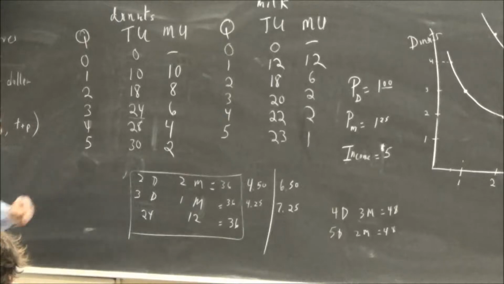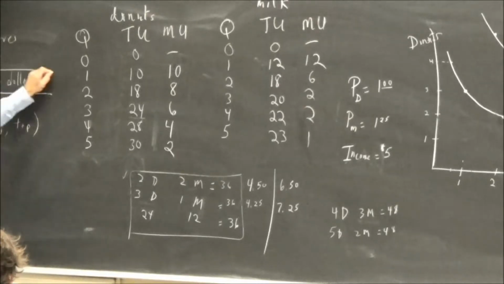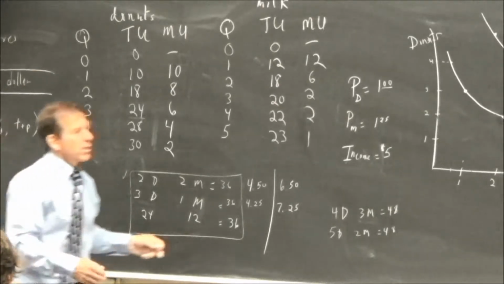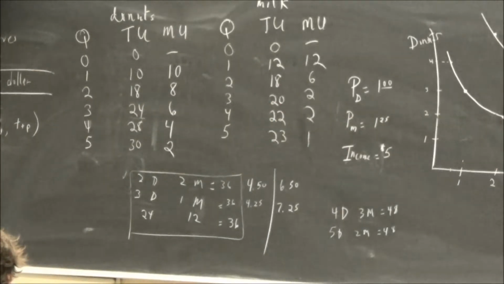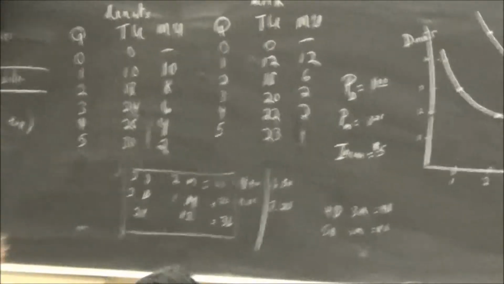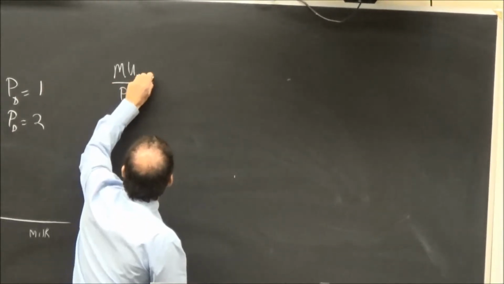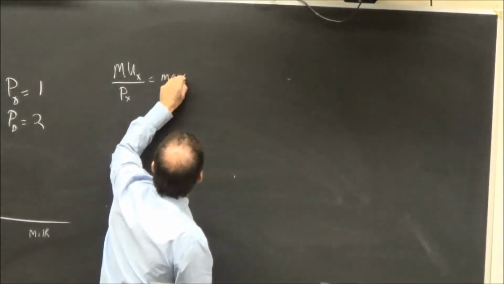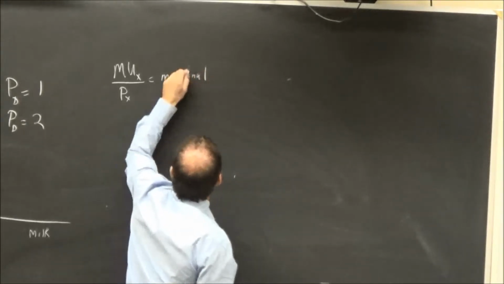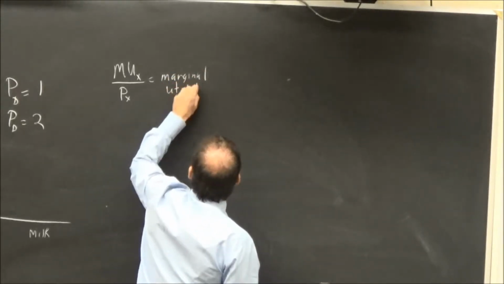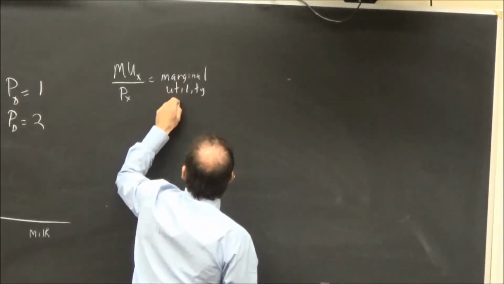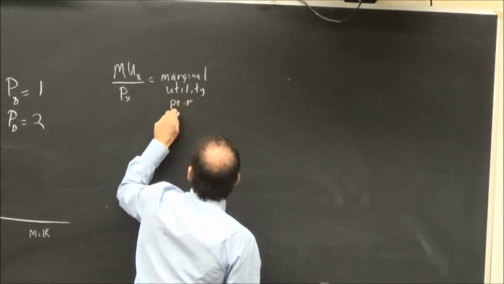So putting prices into it brings us to this third one here, and this is called marginal utility per dollar. The marginal utility per dollar is the last peg in this, and it's the marginal utility of the good X over the price of X, equal to the marginal utility per dollar.